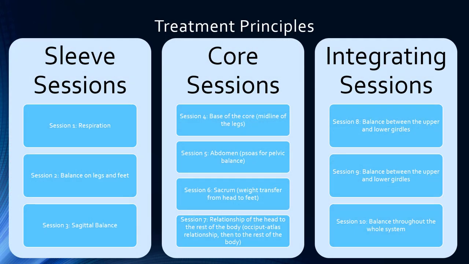The first of the 10 sessions are the sleeve and include, in order of sequence, sessions on respiration, balance through the legs and feet, and sagittal balance. The second group of sessions, the core sessions, include the base of the core or midline of the legs, abdomen, psoas for pelvic balance, the sacrum, weight transfer from head to feet, and the relationship of the head to the rest of the body, primarily the occiput-atlas relationship, then to the rest of the body.